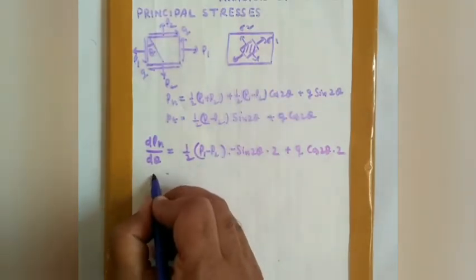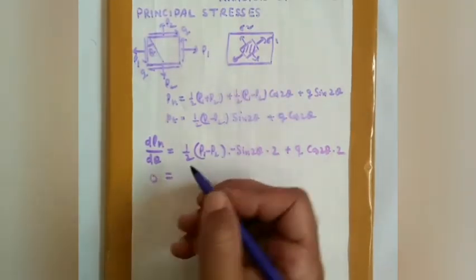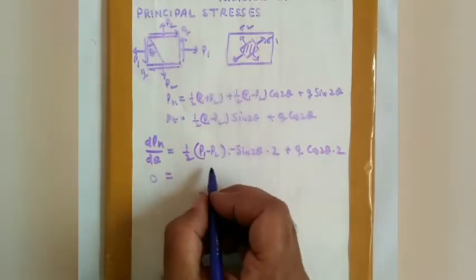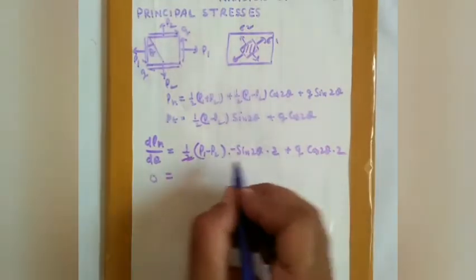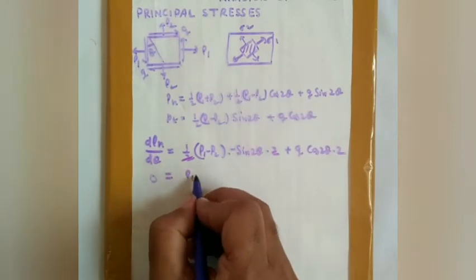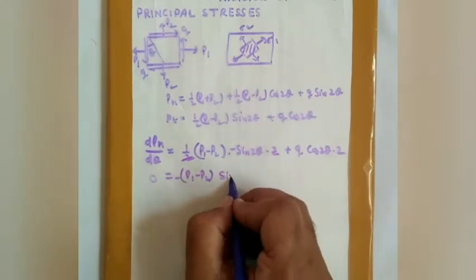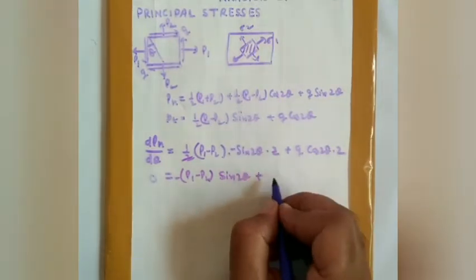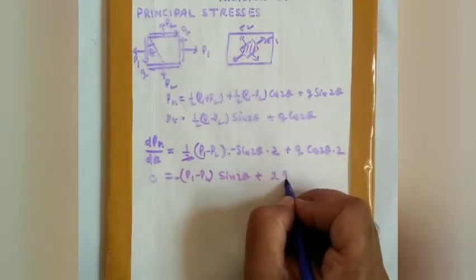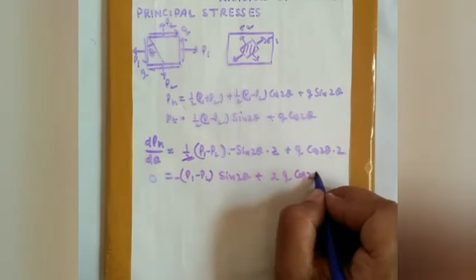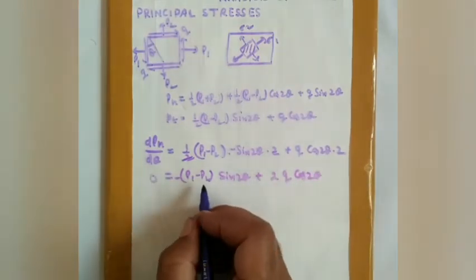Putting 0 to this expression, we get, 2 cancels, (P1 minus P2) into minus sine 2 theta plus 2q cos 2 theta, which is equal to 0.